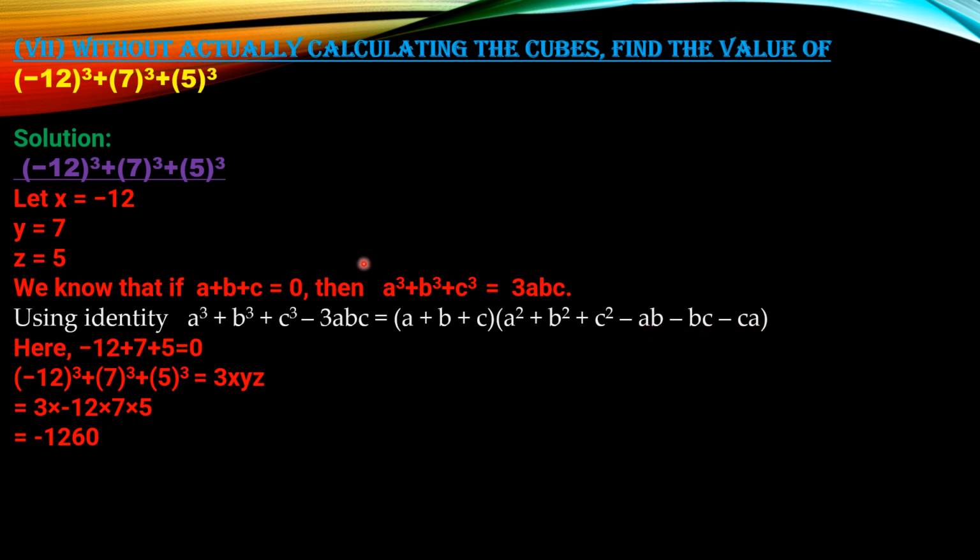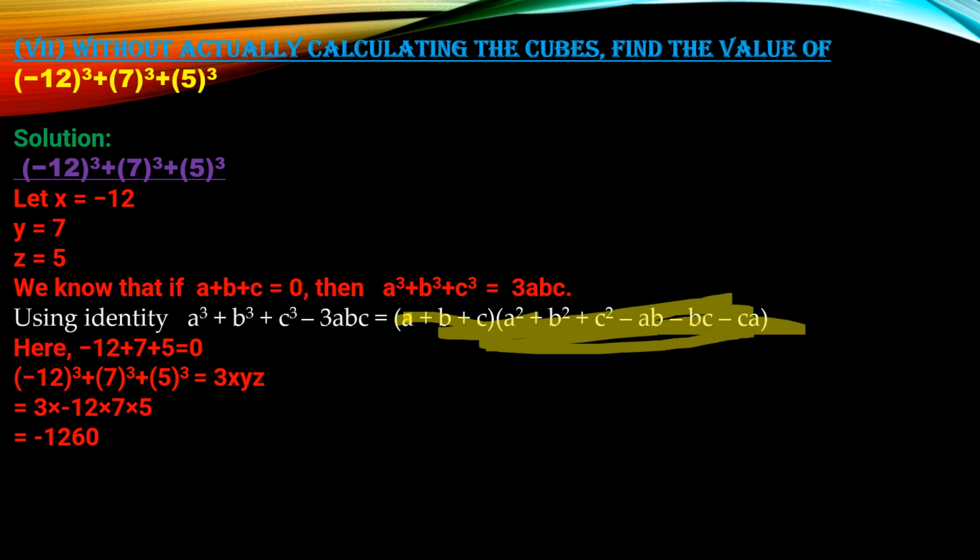So if we substitute 0 in place of a + b + c, then 0 into the whole bracket will be 0 on the right hand side. The right hand side of this identity will be 0 if a + b + c is equal to 0. So a cube + b cube + c cube will be equal to 3abc.